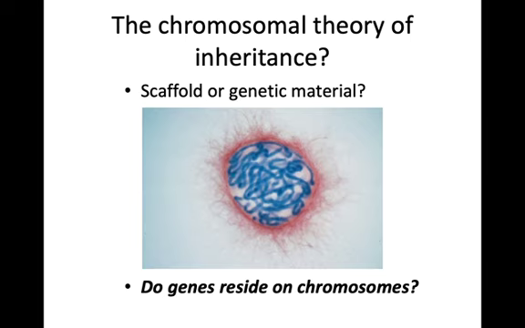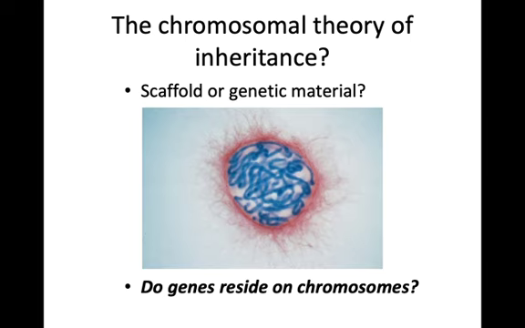Now, for a long, long period of time, it was not actually known, and this was only revealed in the early 1900s, that chromosomes carried the genetic material. Now, even early on in the 1800s, people could look at cells and see that there was material inside the cells, or inside the nucleus in particular, which the name for those materials were chromosomes.